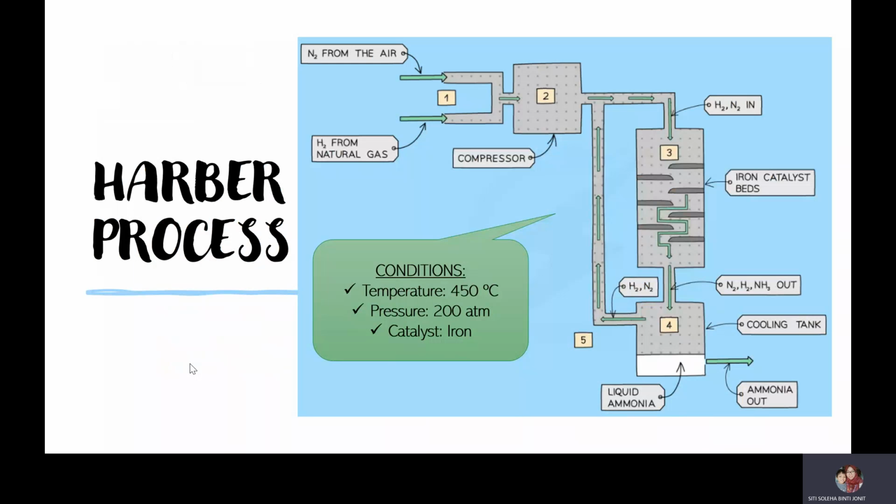Manufacture of ammonia. Ammonia is manufactured using the Haber process, which occurs in 5 stages. So I'm going to look into the 5 stages one by one. Okay. At stage number 1, hydrogen and nitrogen, which are obtained from natural gas and the air respectively, go into the compressor through a pipe.